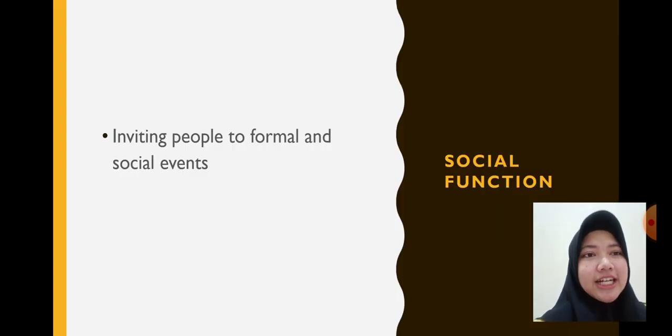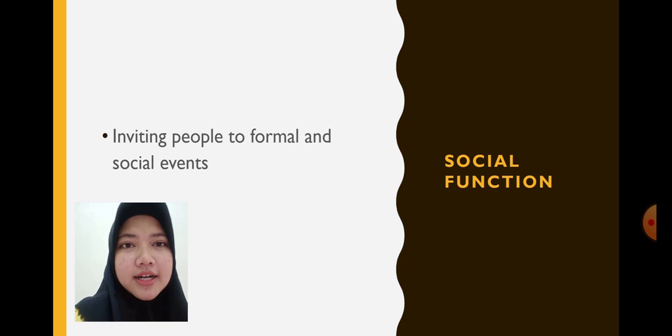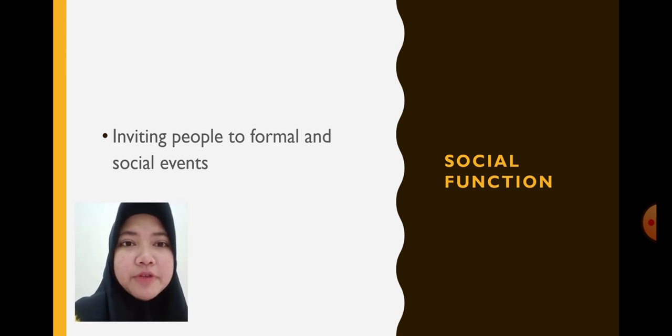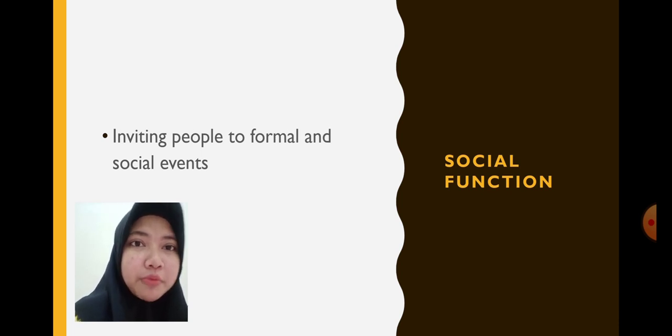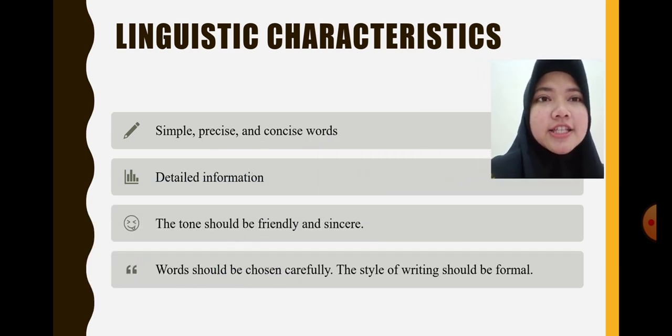And then this is the social function of a formal invitation letter. What is the purpose of writing a formal invitation letter? It is for inviting people to formal and social events. Next, these are the linguistic characteristics of a formal invitation letter.